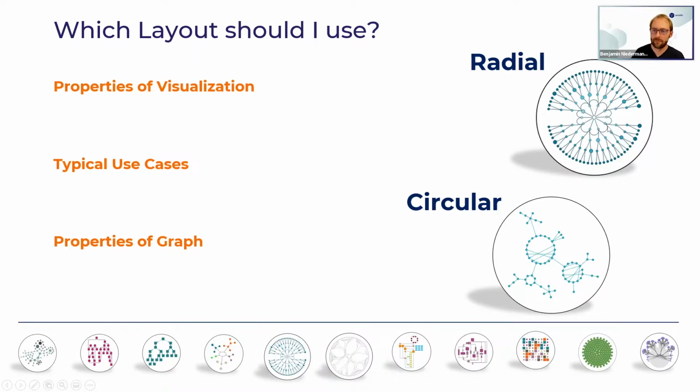And the idea is again that this radial layout is very suitable for tree-like structures. However, this time you can also have edges that create cycles in this tree structure. On the other hand, in the circular layout, the idea is that so-called bi-connected components of the graph are represented by cycles.